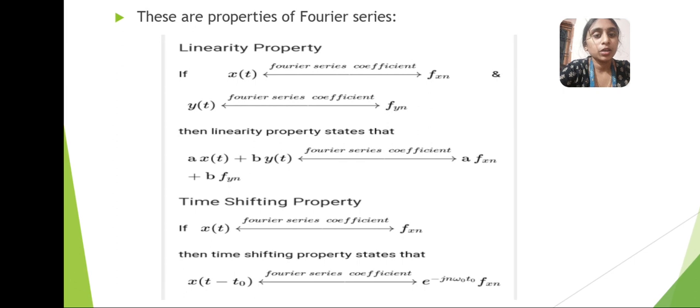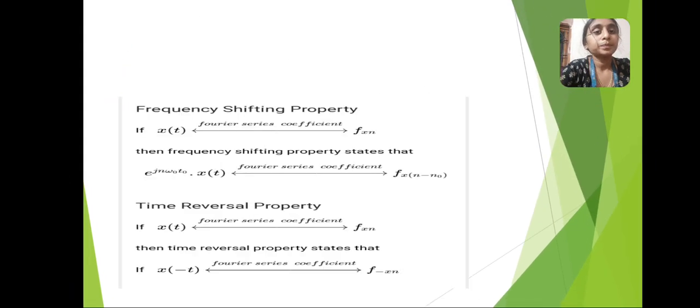This is the linear property. The time shifting property: x of t has Fourier series coefficient, then x of t minus t naught gives e power minus j n omega naught t naught into the coefficient of x of t. This is the time shifting property.